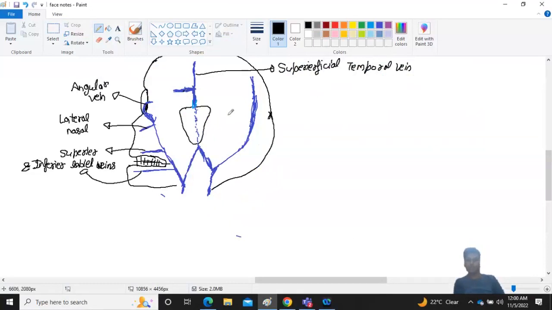This is the superficial temporal vein, and this is the maxillary vein for deep structures. Maxillary vein for the temporal region and for the deep region. Then this is the posterior occipital vein for the posterior occipital region.